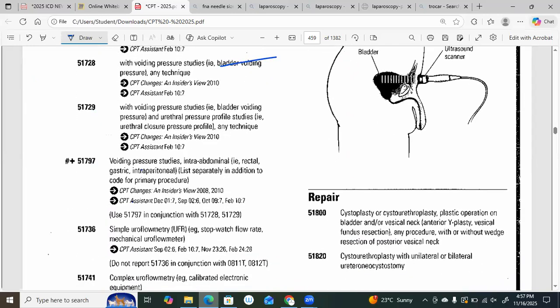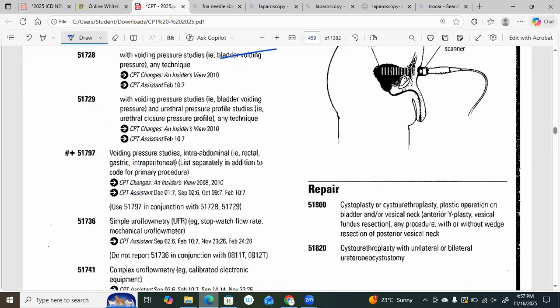In the next section we have repair. Okay, so in the repair section, we have a cystoplasty or cystourethroplasty.